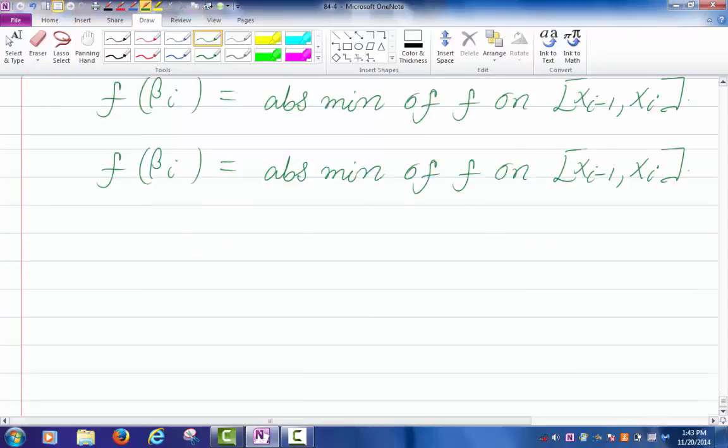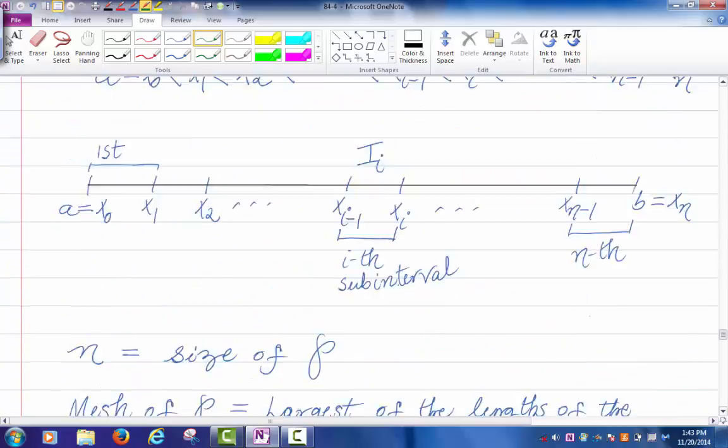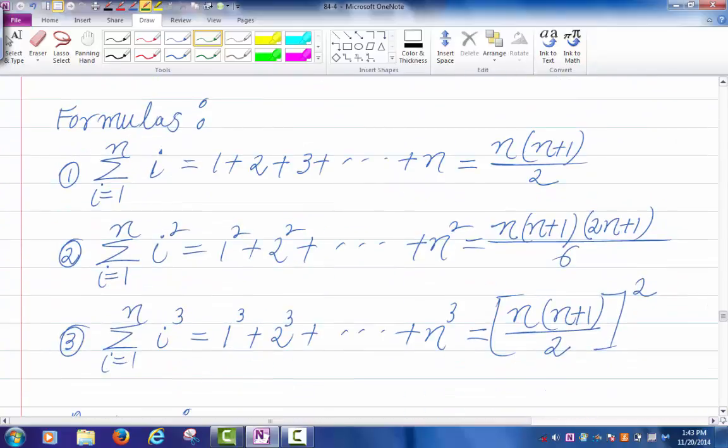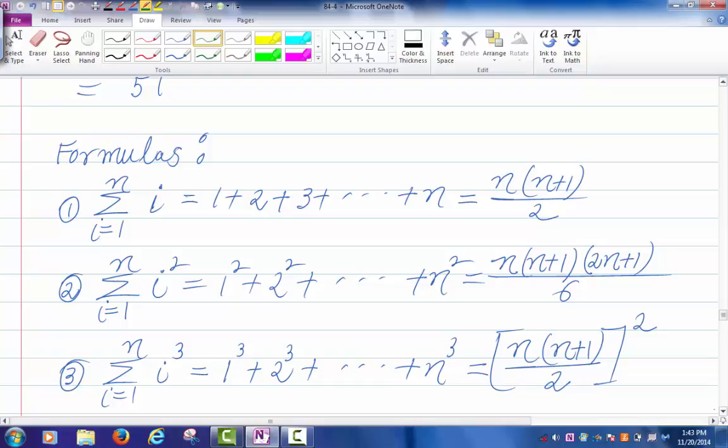Alright, so let's recall that we had these formulas last time. Formula number 1 was, if I take the sum of the first n positive integers, then the sum is given by n times n plus 1 over 2.